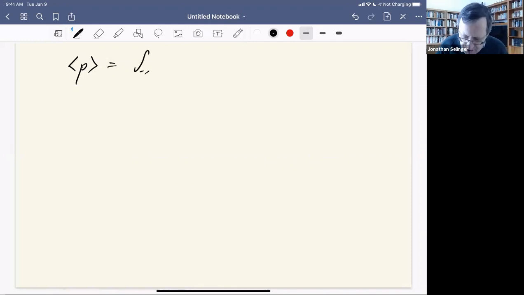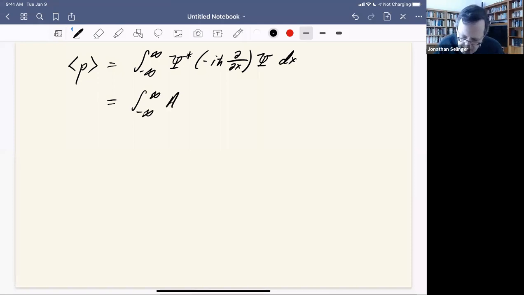So that's going to be an integral of psi star times negative i h bar d by dx acting on psi, integrated dx. Okay, so that means that we have the integral of a star e to the minus ikx e to the i energy t over h bar.